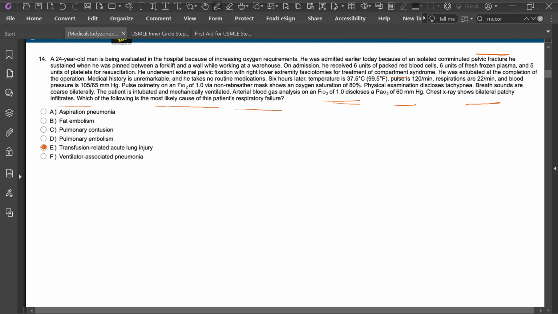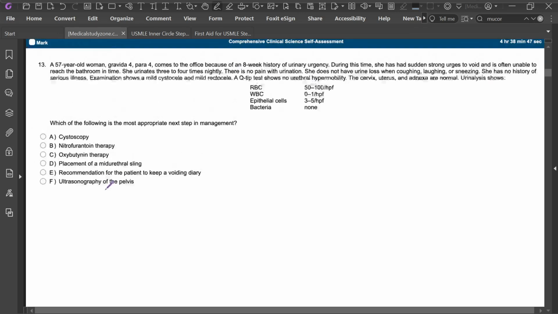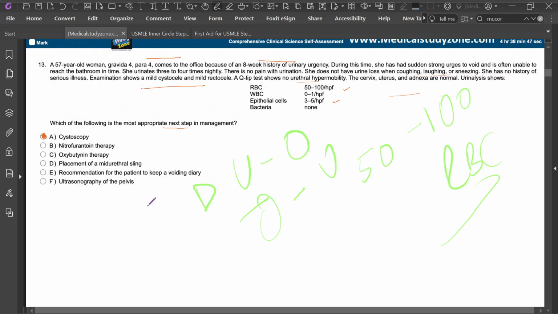An ultrasonogram of the pelvis is useful in diagnosing pelvic and ovarian pathologies such as ovarian torsion or ectopic pregnancy, but it would be unlikely to be helpful for a patient with incontinence for the diagnosis of bladder malignancy.